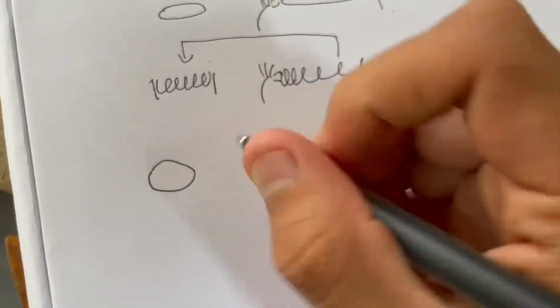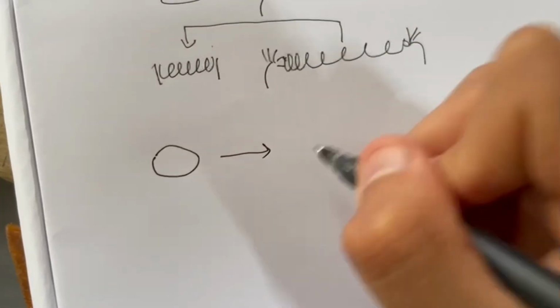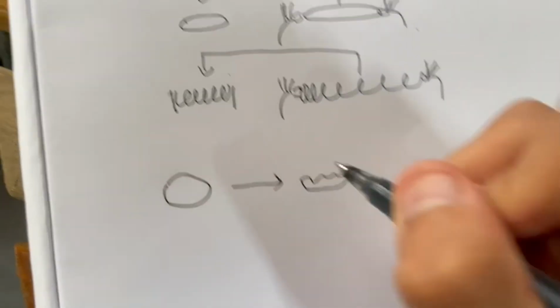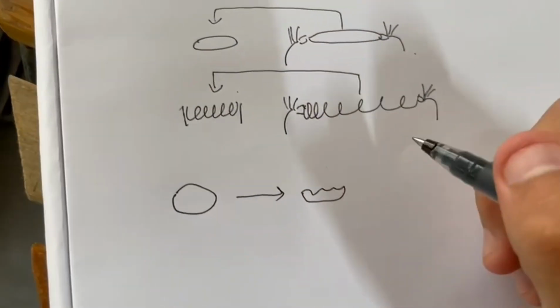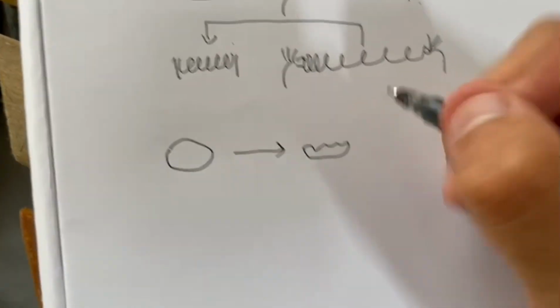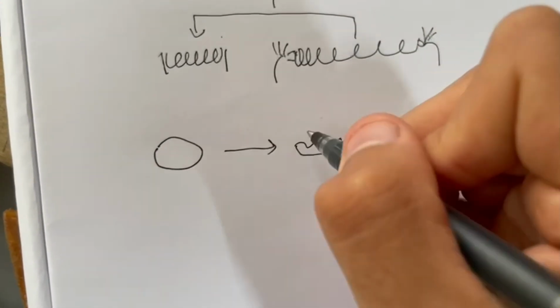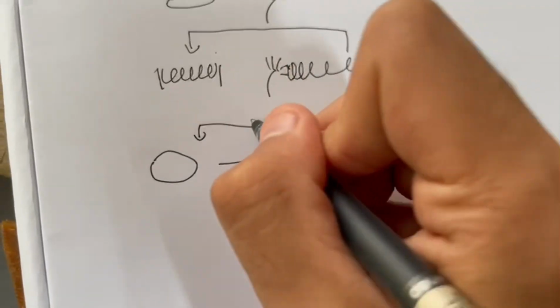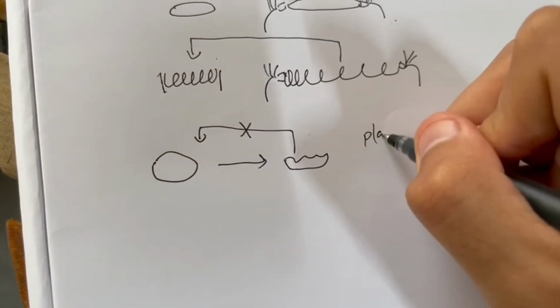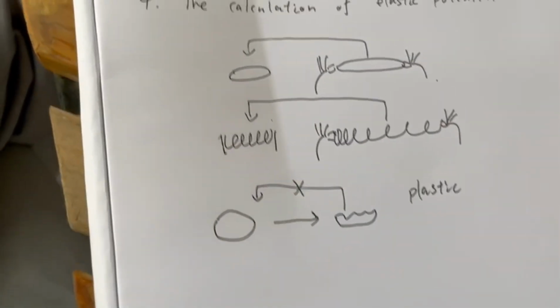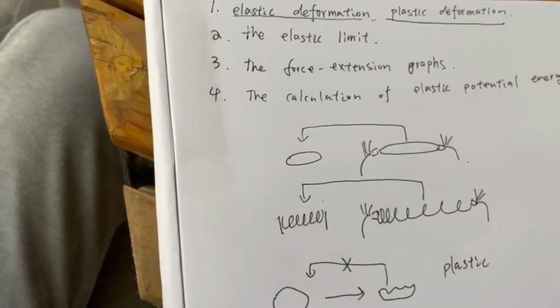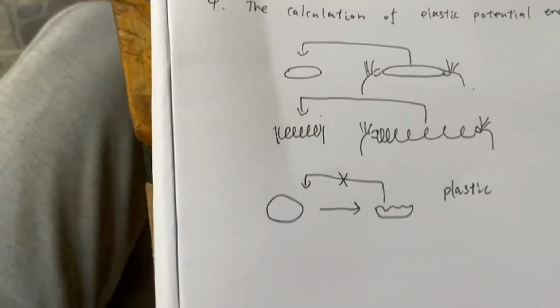After you remove the force, it won't come back, right? It just stays bent. So this is plastic deformation. This is the difference between these two kinds of deformation.